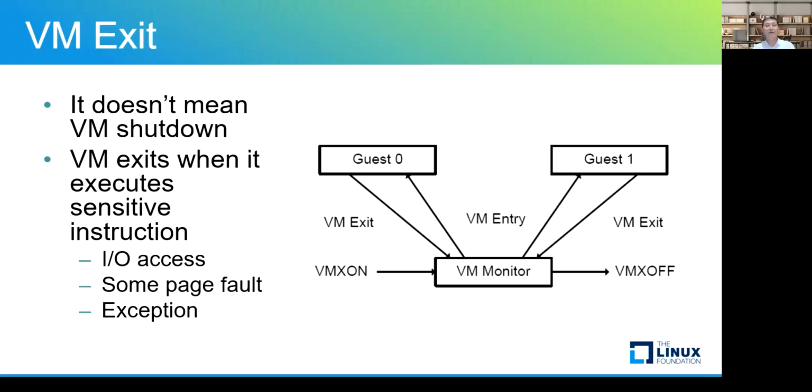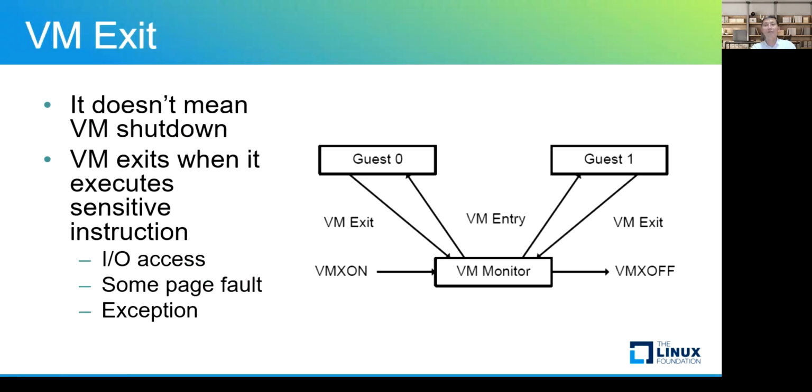So now I will talk about VM exit. After a VM is created, the CPU will run the VM launch instruction or VM enter. Then the CPU will enter the guest domain and run the instructions inside the VM.